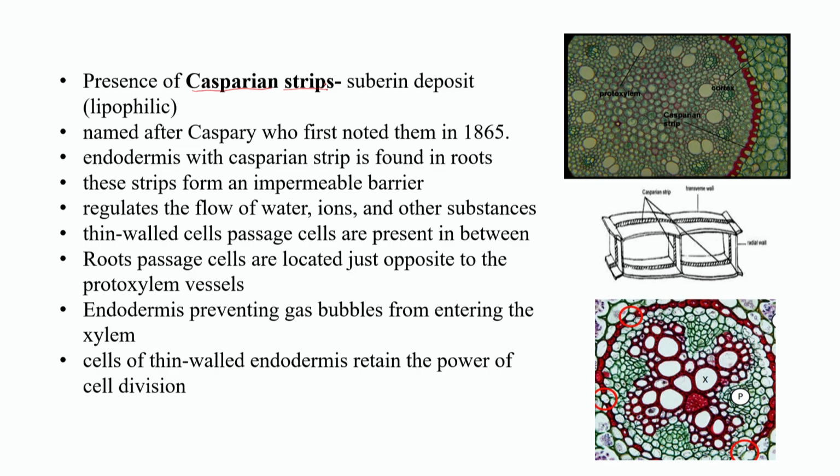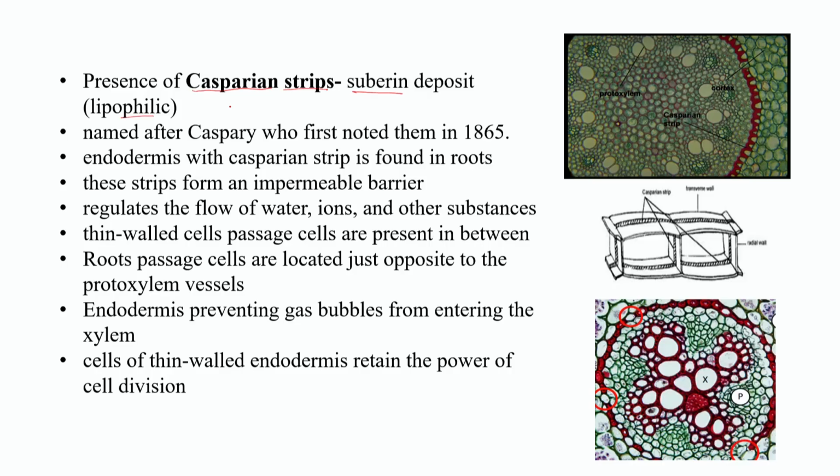Now, Casparian strips are strips made up of suberin. Suberin is a chemical compound which makes this Casparian strip a ribbon-like or strip-like structure, which is deposited on the radial and tangential walls of this endodermis.